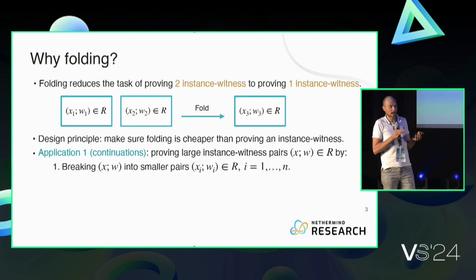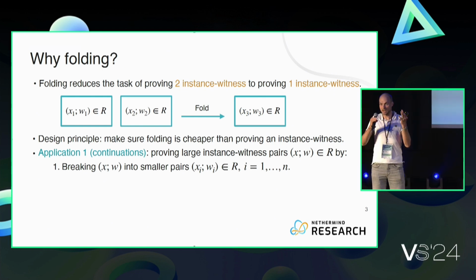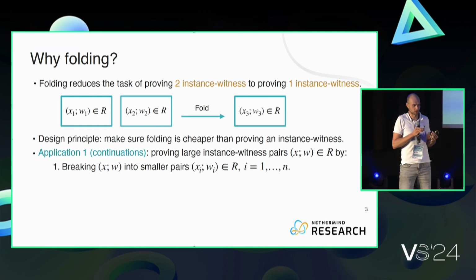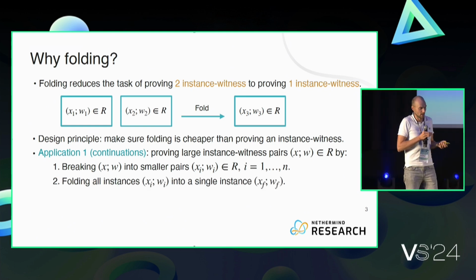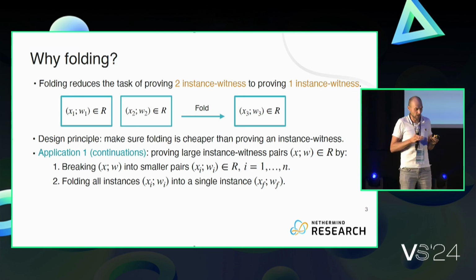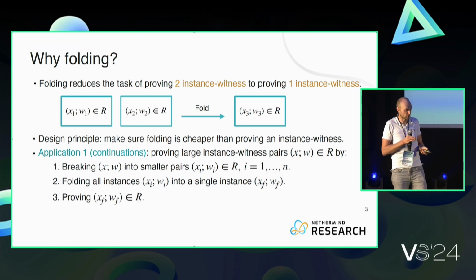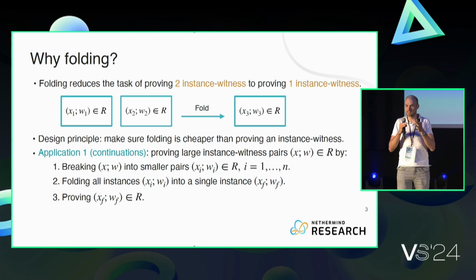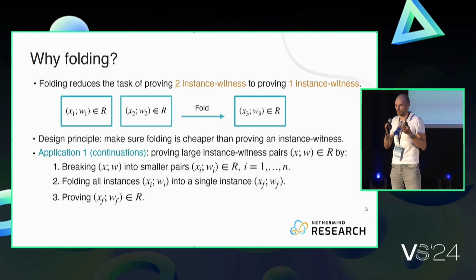You can divide this very big computation into much smaller chunks and fold all these instances into a single small chunk, and then prove this small relation instead of proving the very large relation.